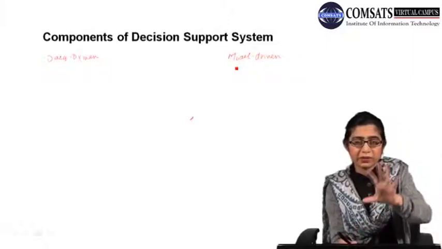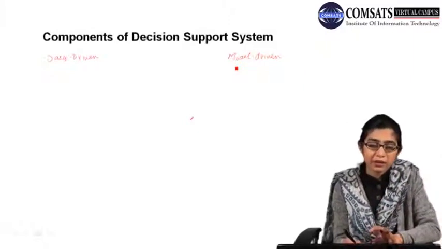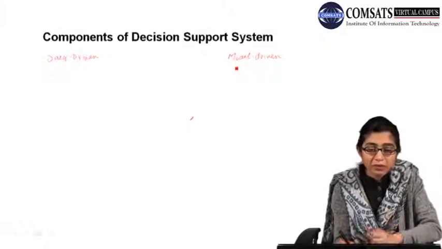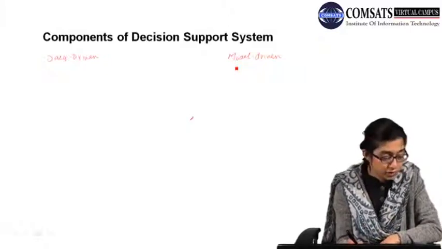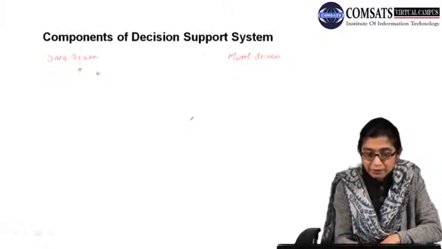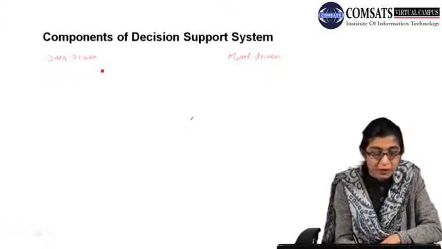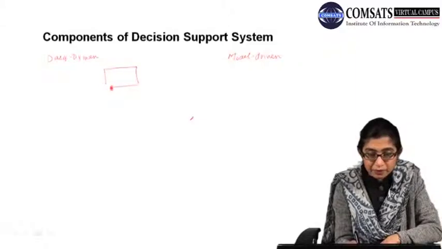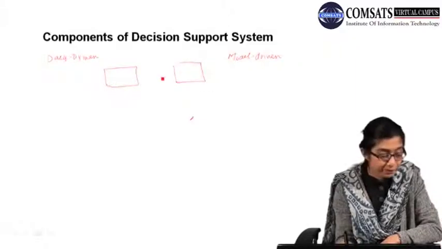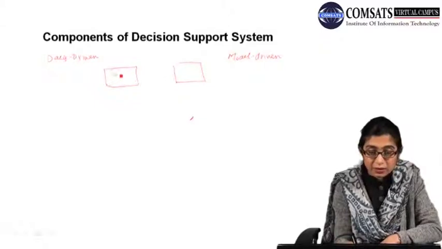Now first I will just show you figuratively what components are involved in both these approaches. Number one, in the data driven approach, the information received is in the form of a database.